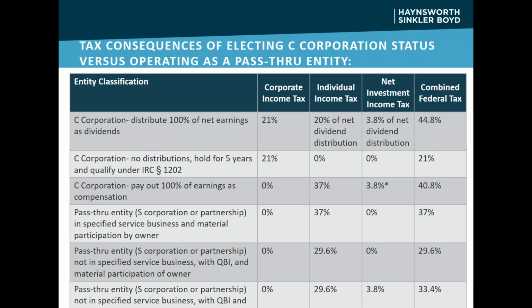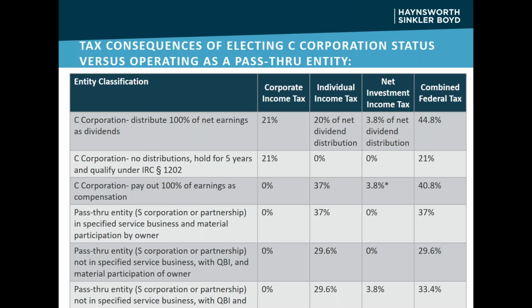If the C corporation plans to pay out 100% of its earnings as compensation, or salaries, the corporation itself doesn't owe any income tax since it has zero taxable income, but the shareholders who receive compensation are taxed at their income tax rate, plus they owe payroll taxes like Social Security and Medicare tax, and this scenario results in a tax rate of 40.8%. And here, that 3.8% that's in the net investment income tax column actually represents the payroll taxes, not net investment income tax.